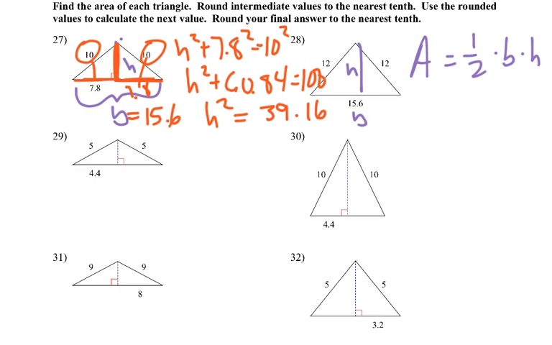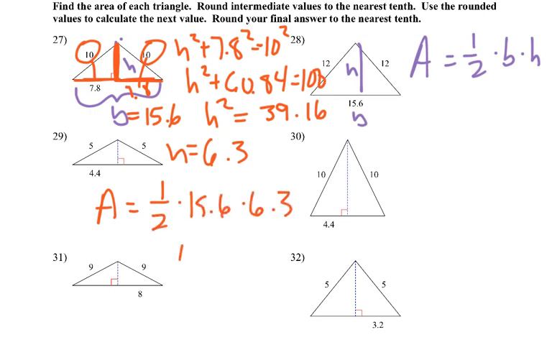Take the square root of that, and it says round to the nearest tenth, so we'll say 6.3. Then my area says I go 1/2 times 15.6 times 6.3, and that gives me an area of 49.14 square units. Whatever those units were, we'd square them, and that would give us what we need.